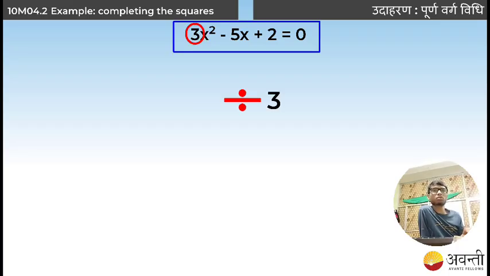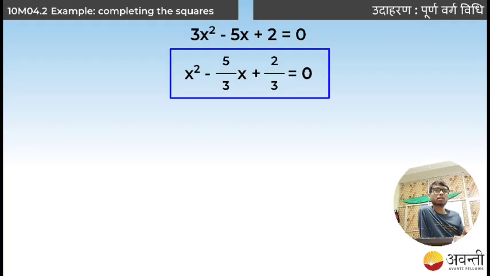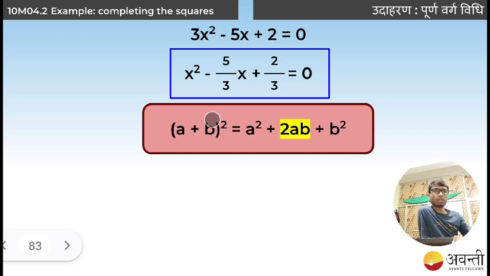3x squared, then here let's divide this by 3, then it will become like that. We just divided this side by 3 and that side by 3, it is looking like that. Then what else?